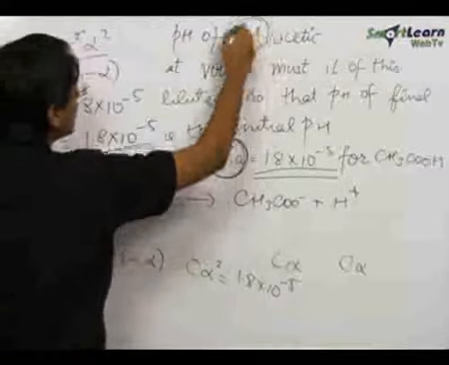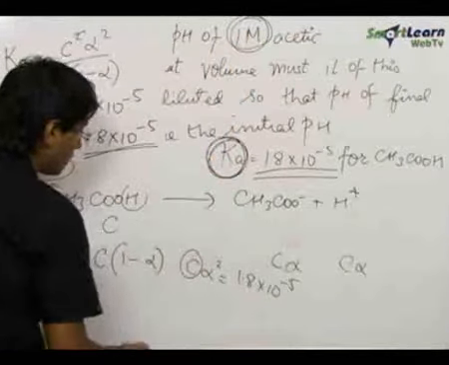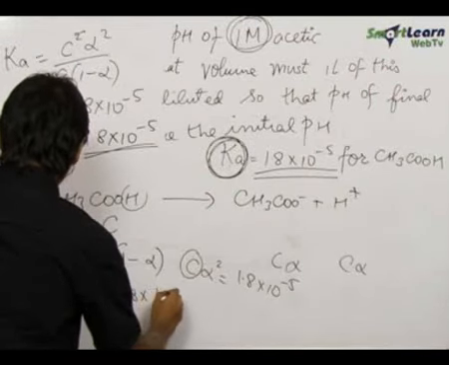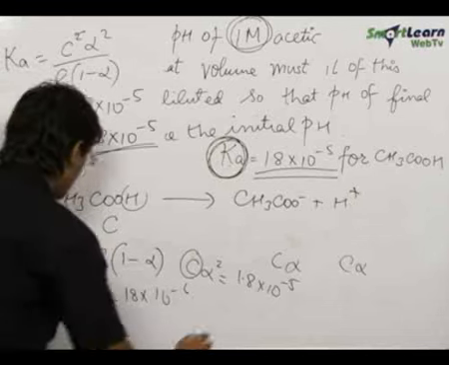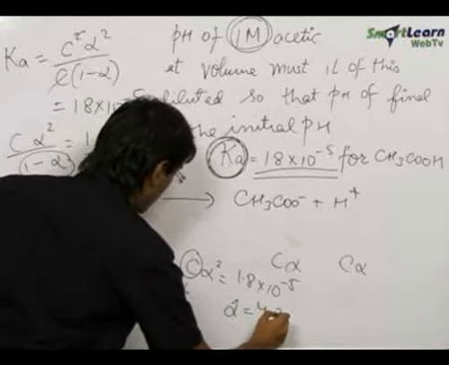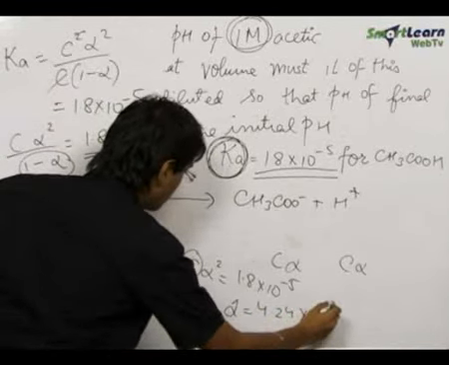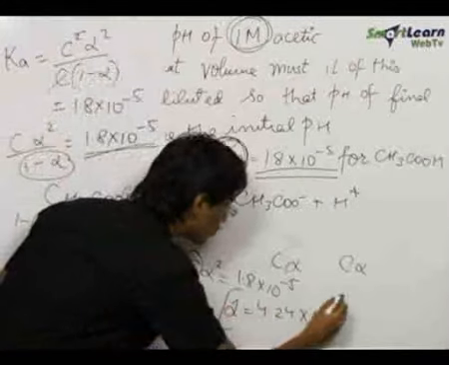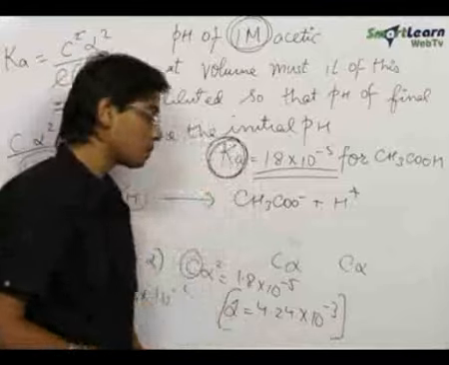Since it is given as 1 molar acetic acid, C is equal to 1. So alpha^2 is equal to 18 × 10^-6, which gives the value of alpha to be 4.24 × 10^-3. You can very clearly see that the degree of dissociation of acetic acid comes out to be a very small value.